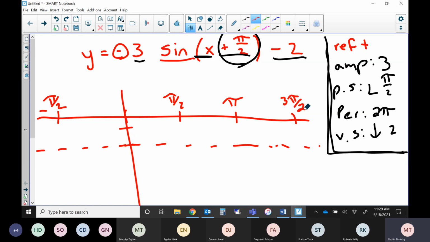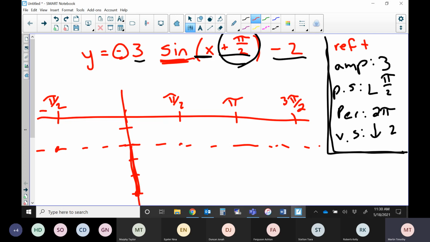Those are going to be where the main points happen. Since it's sine, it starts right on the midline. Since it's reflected, I know it's going to go down first: 1, 2, 3. And this amplitude from here to here is going to be a distance of 3.